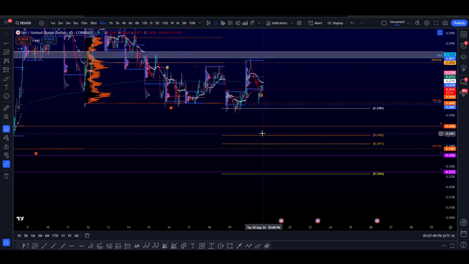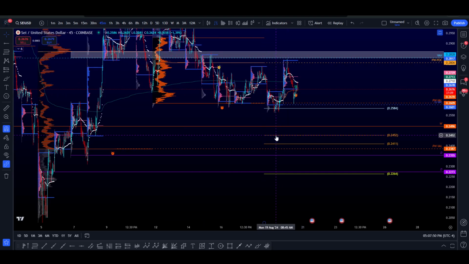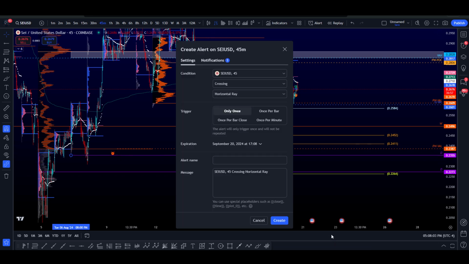Yeah, I don't even like this fib really. This fib isn't really lining up with much. It is kind of lining up with this little low right here, but it's right below the weekly level. So if we fail the weekly level, in my opinion, I'd rather just see these levels right here getting tapped. Let's go ahead and set an alert.